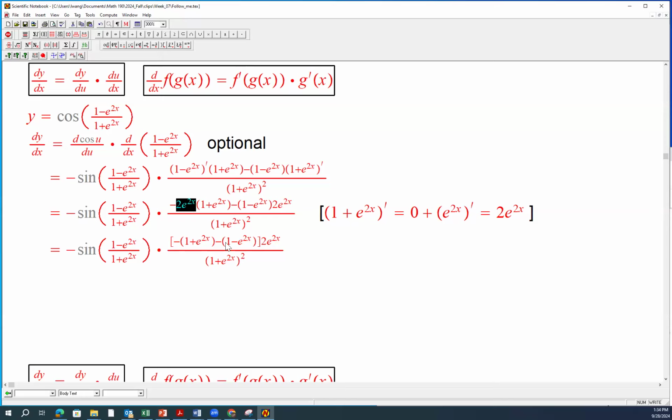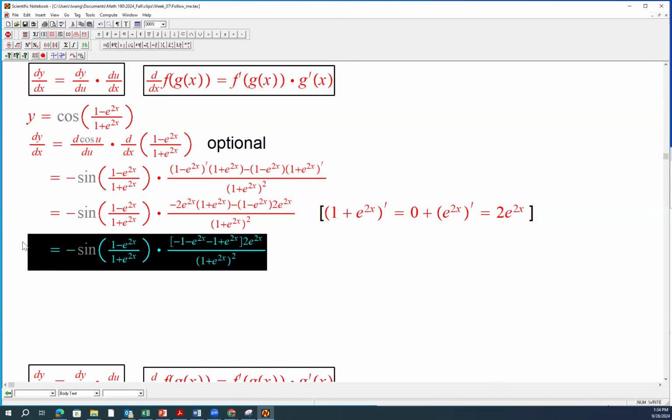Okay, inside the parentheses, what do we get? We're going to subtract 1, open up the parentheses, right? Negative sign applies to 1, minus, and negative sign applies to 1, minus, and this is a plus.